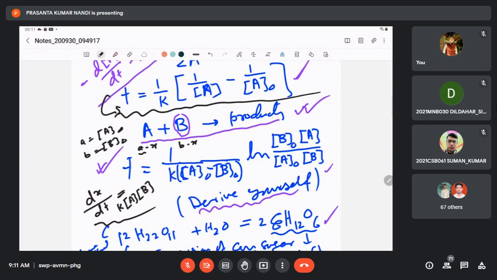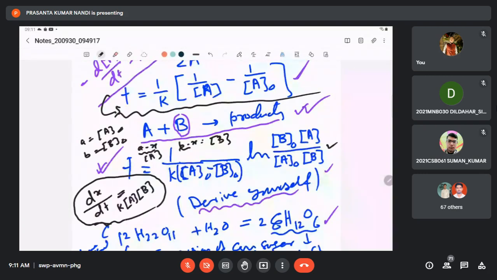This quantity here is A, and this quantity is denoted as B, the concentration of reactant B at any time. So this is the differential rate equation of this type. And if you integrate it, then you will get an expression like this.